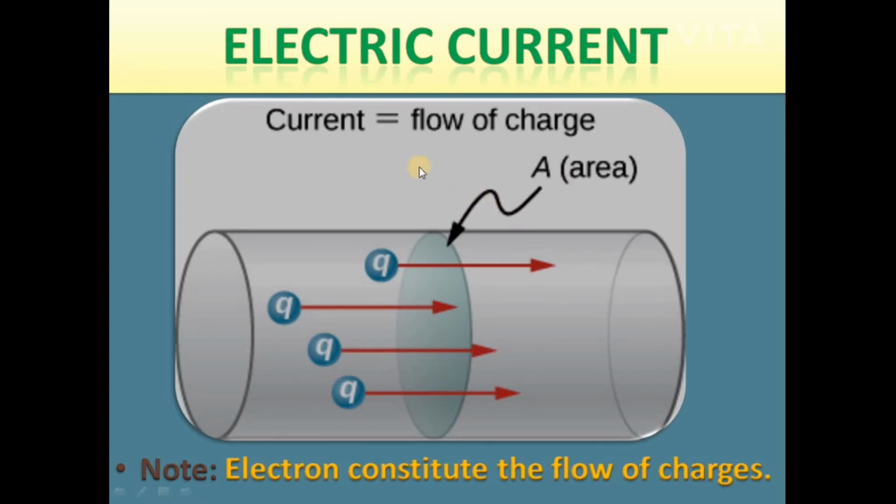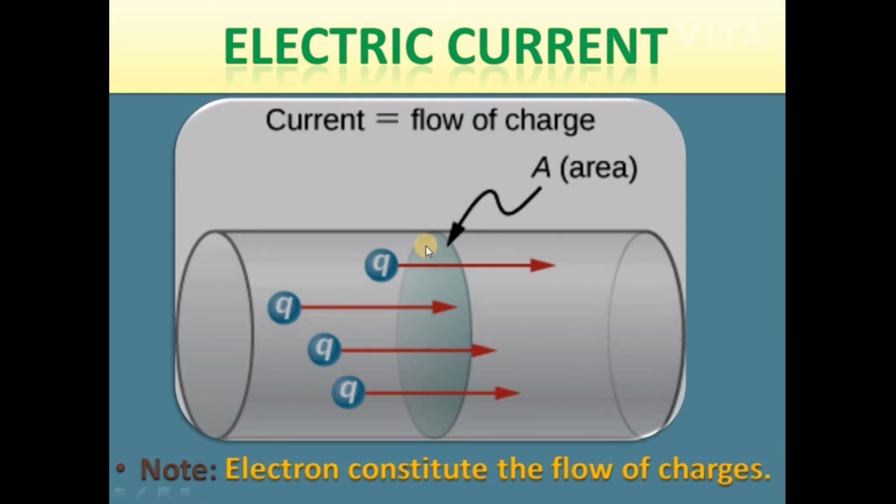Current equals flow of charge. We consider this circle area, and a number of charges are flowing through that area. The charge flowing through this area in a time t gives you the electric current.